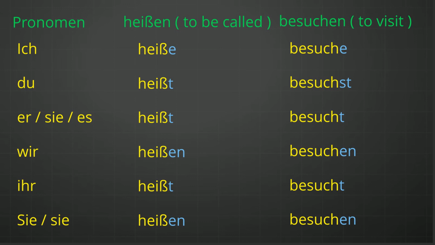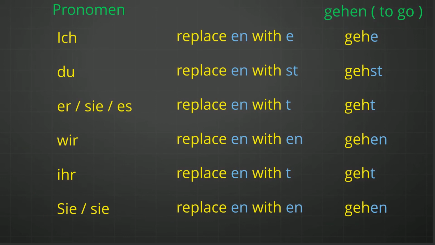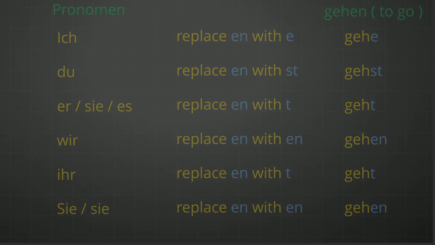Conjugations are ich besuche, du besuchst, sie, es besucht, wir besuchen, ihr besucht, sie besuchen. Most of the regular verbs are with en ending. Here is the summary of change in endings of the verb for conjugation.